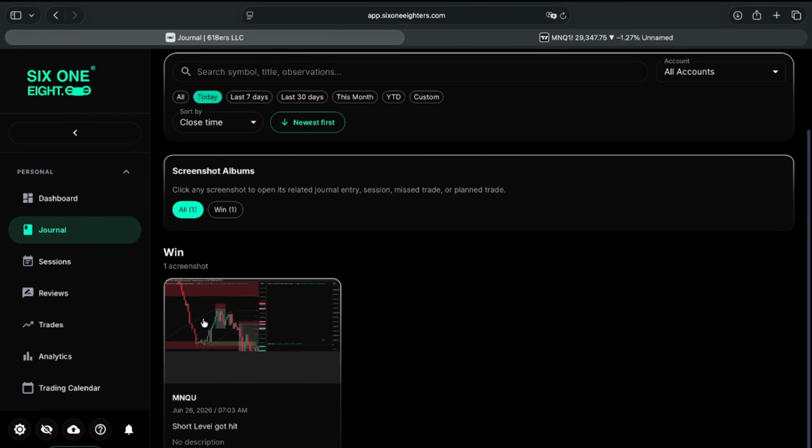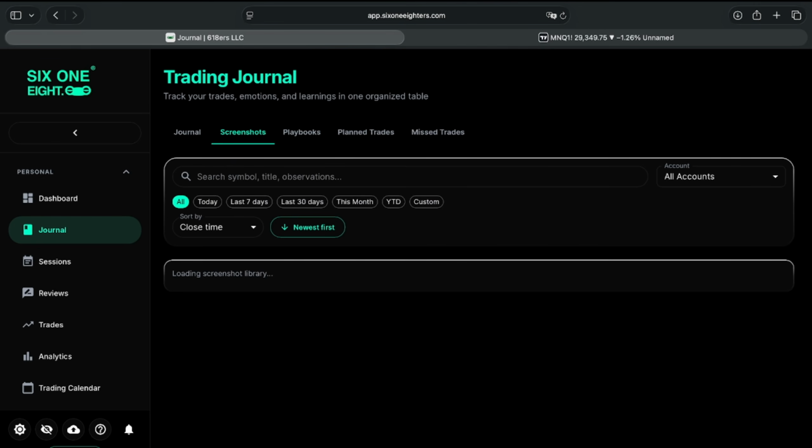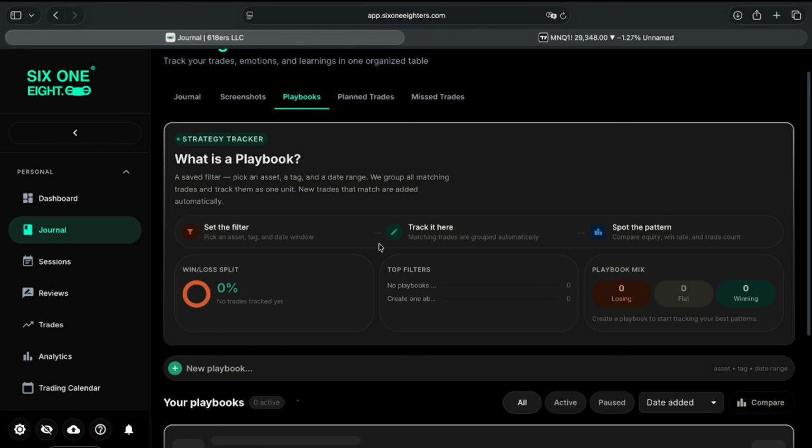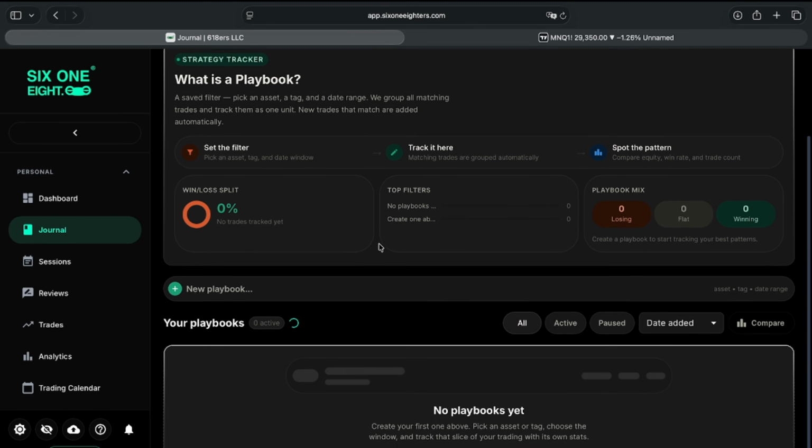Later on, if I want to, I could also just come here for today. We've got the filter on right now, so I see, okay, this was the trade. Sometimes when you look at all your entries, you wonder what kind of trade this was. If I want to create a playbook, what is a playbook?